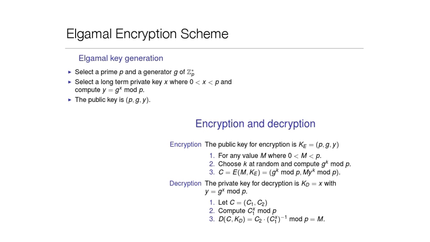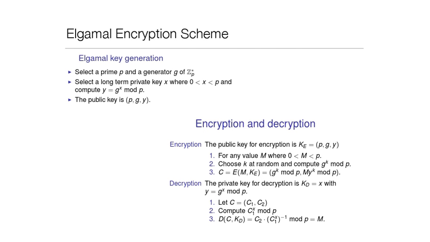So there is a message M which is between 0 and P. Then he randomly chooses a K value and computes G to the power K mod P. The ciphertext is G to the power K mod P and M times Y to the power K mod P, where Y is the public key parameter. So these two values are the ciphertext.